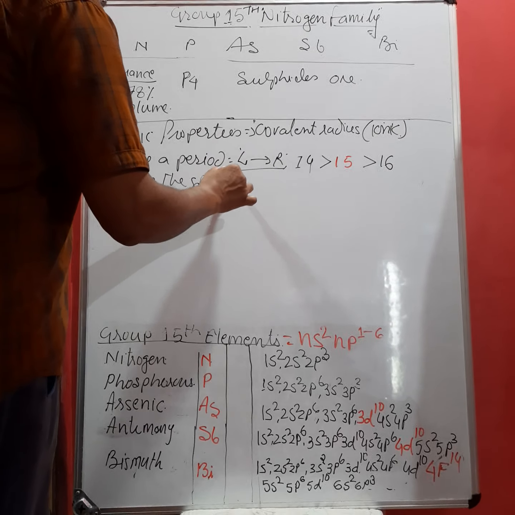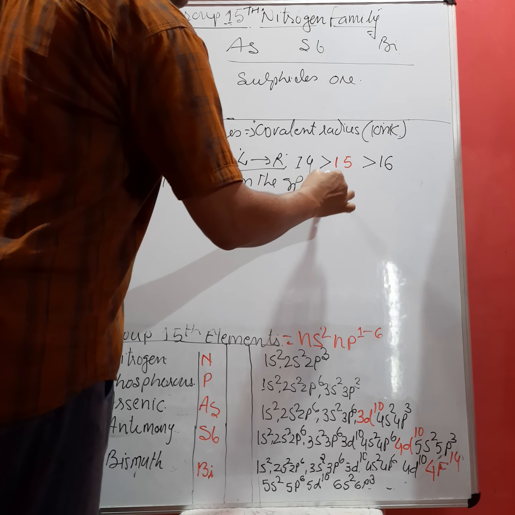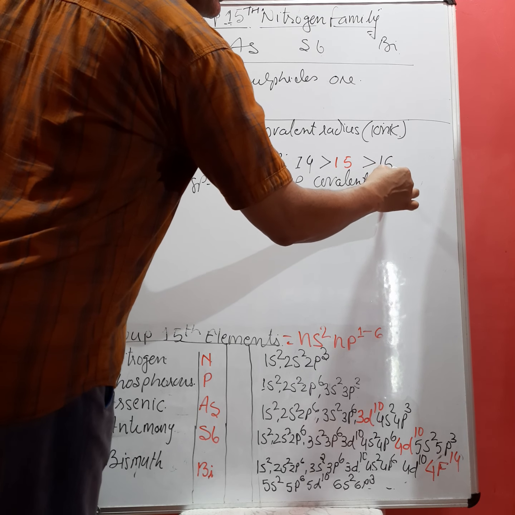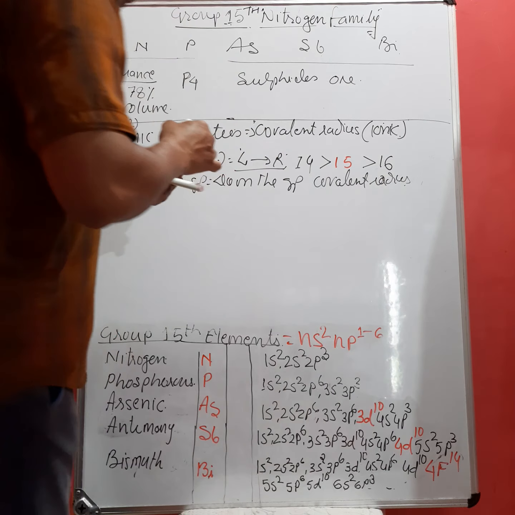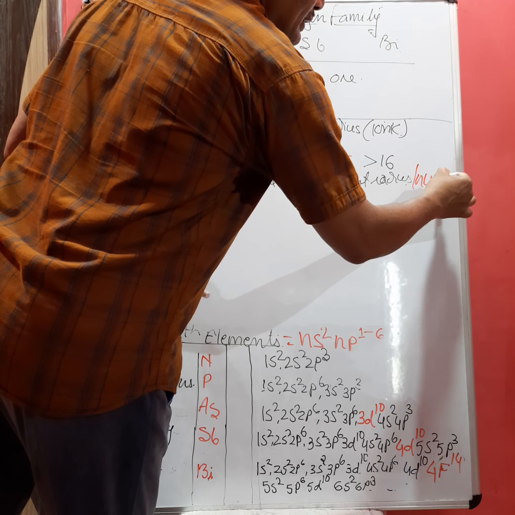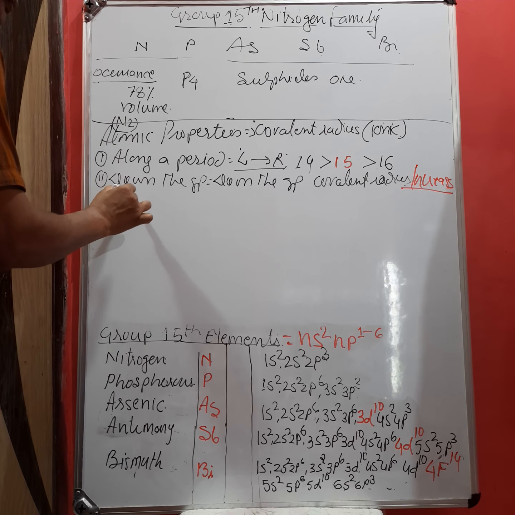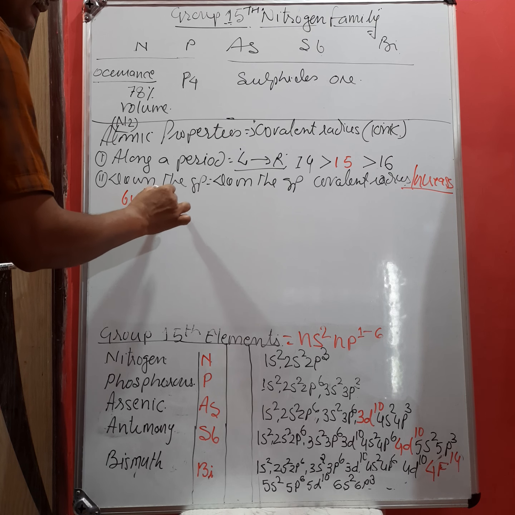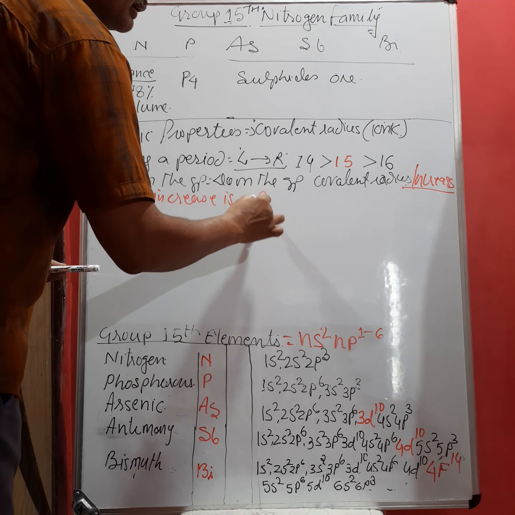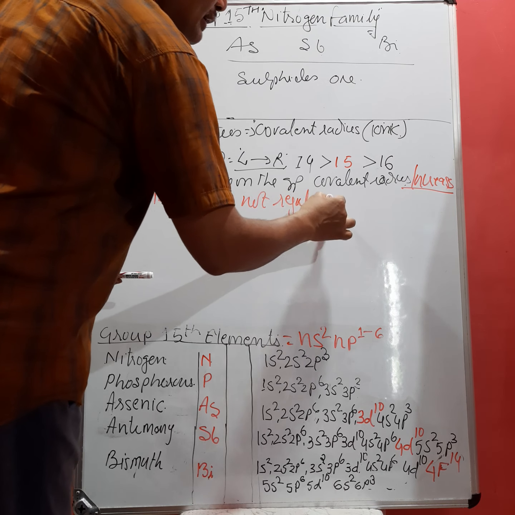Down the group, covalent radius increases. Okay, but the increase is not regular.